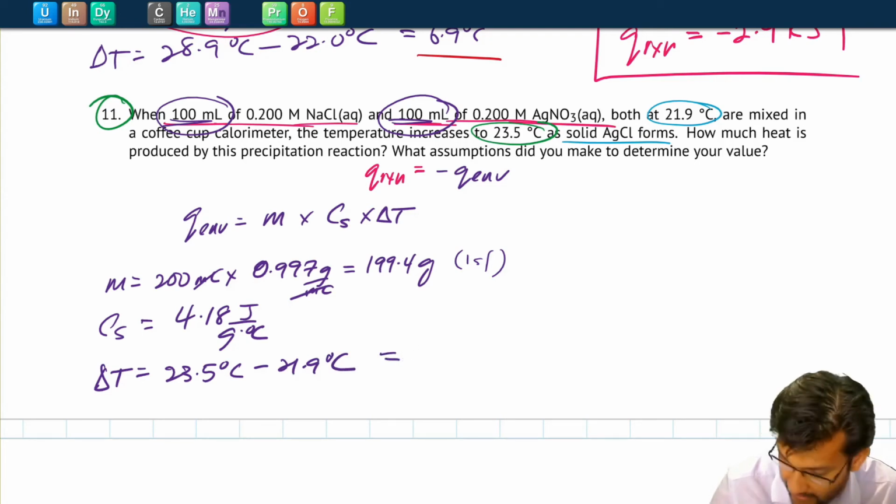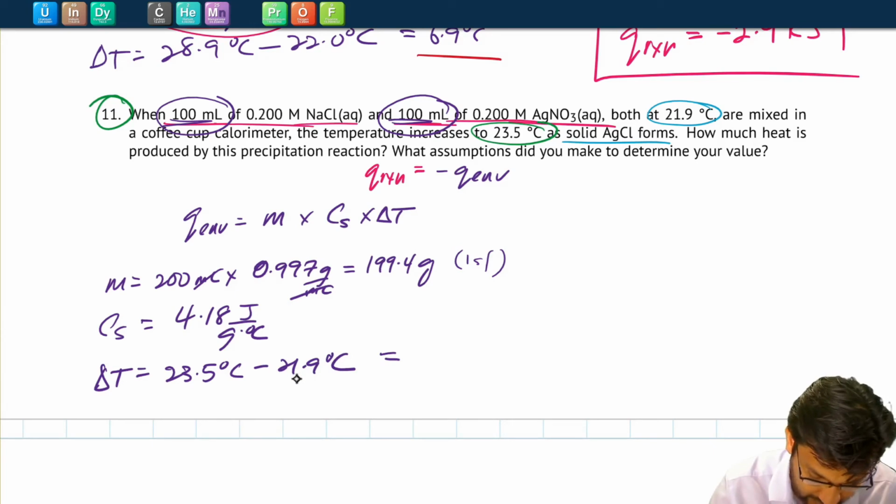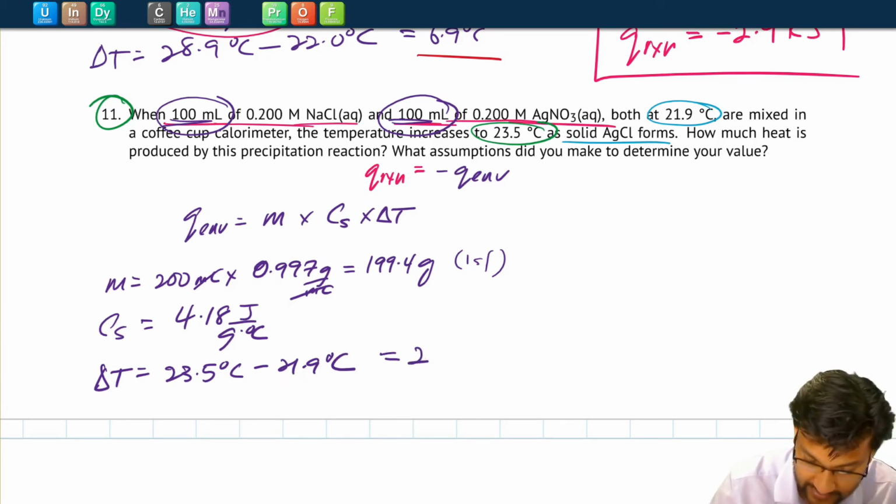Let's see if I can do that math. 1.6 degrees Celsius, I think.